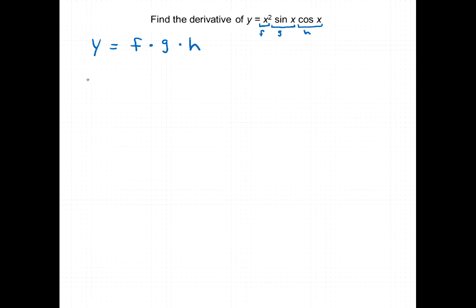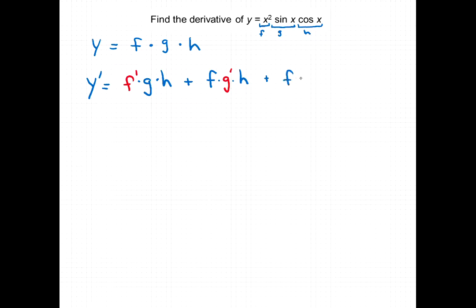So what I mean by that is, first, if we're looking at y prime, first we could take the derivative of the f function, leave the other two alone. So f prime times g times h. Then we could take the derivative of the second function, f times g prime times h, and then we could take the derivative of the third function in the product.